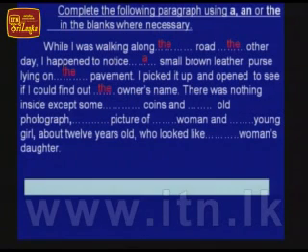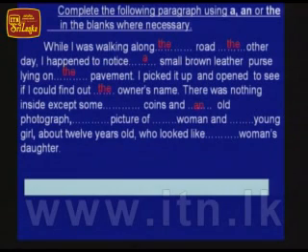Inside except some coins, and then there is another blank, old photograph. Since the word old gives out a vowel sound, you may use an, A-N there, not a, right? Some coins and an old photograph.